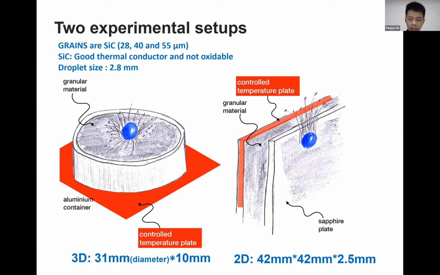The granular pack inside the cell was heated from the back wall. The cell has a sapphire front wall that allows us to directly observe what happens inside the granular material. For the granular material, we chose silicon carbide because its thermal conductivity is good and it is non-oxidizable.